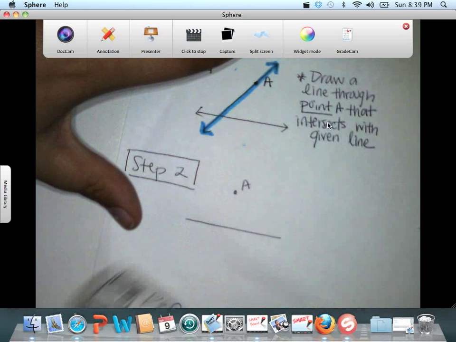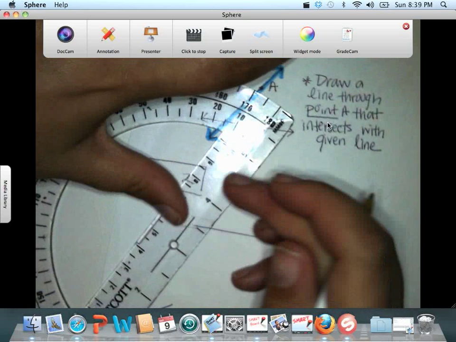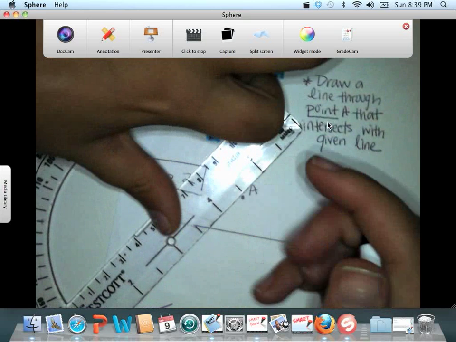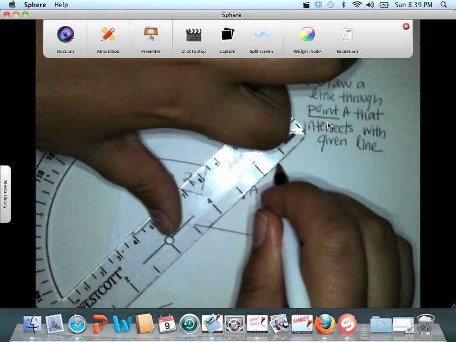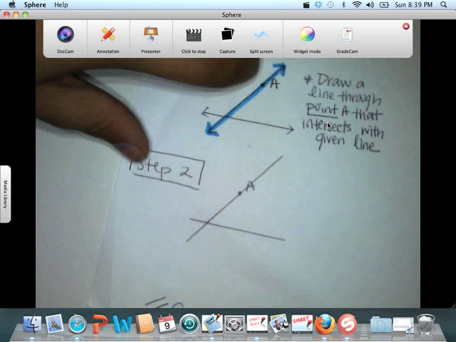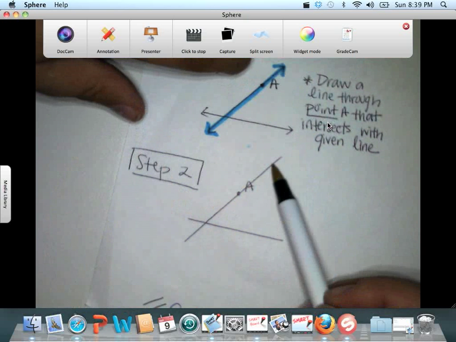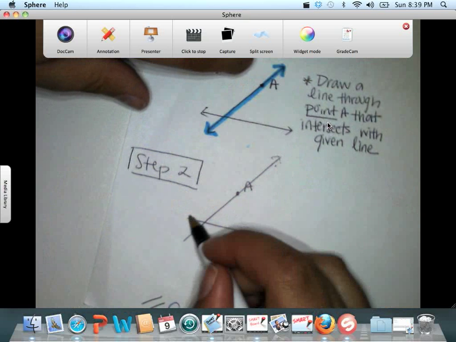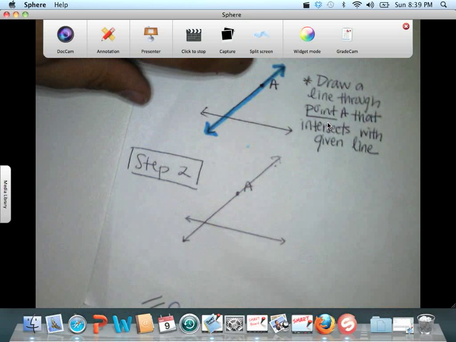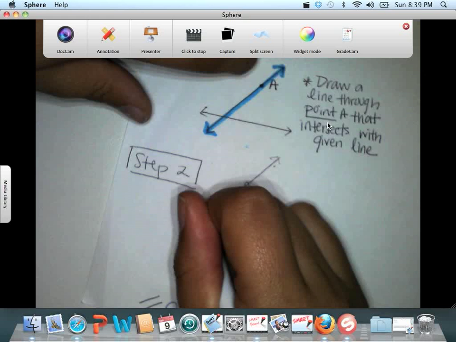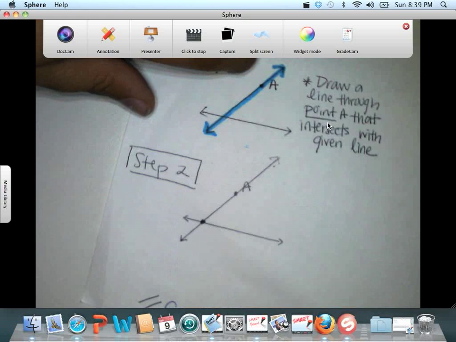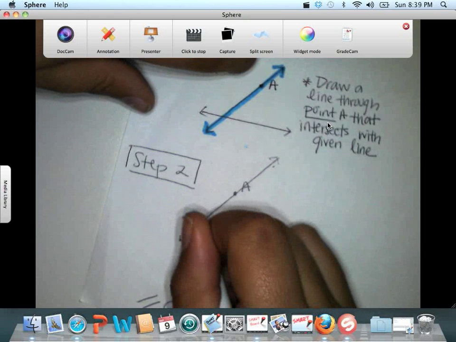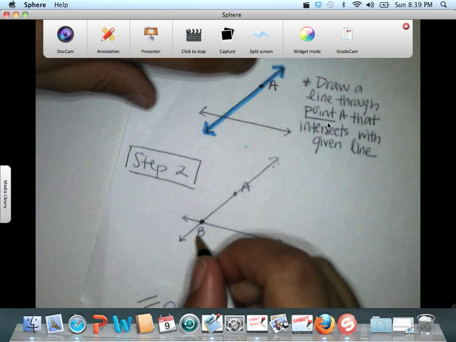And then remember, our first step was to draw a line through the point. Now make sure when you draw your line it kind of goes a little bit high because you're going to need it, okay? And I'm also going to name this intersection that we created, I'm going to name it B because we're going to use this time, alright?